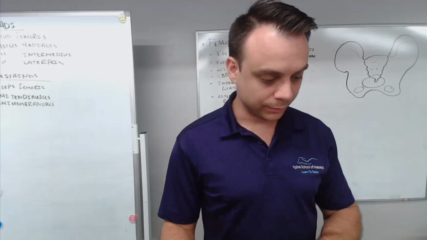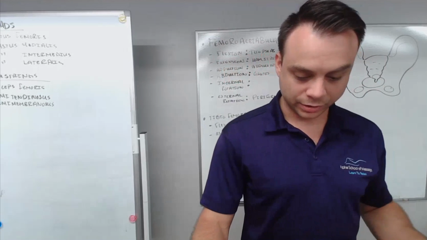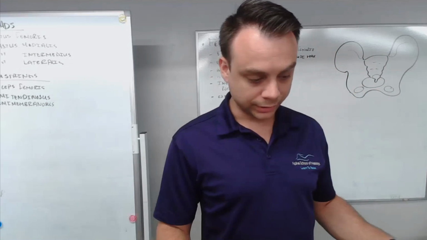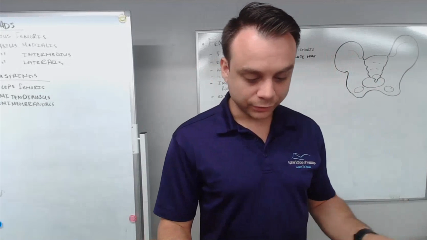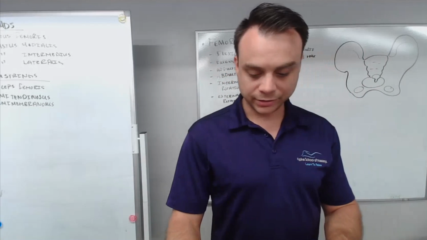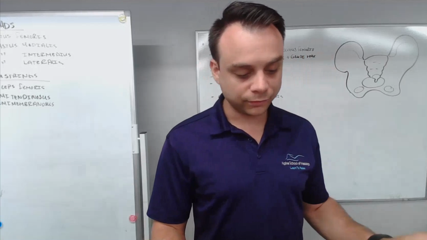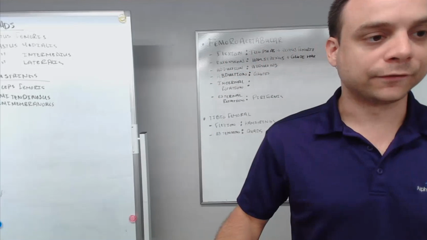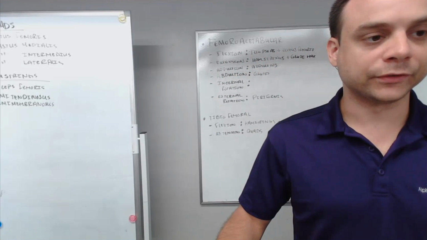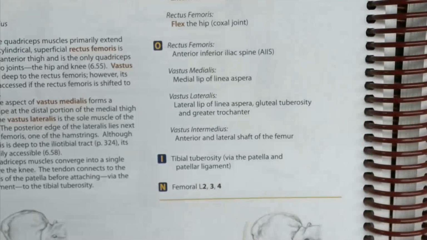Now, like I said, all of our muscles in this particular case come in groups. And luckily, these groups only have so few actions and just a couple little fun facts to really learn about them. So let's take a look at our first muscle group, the quads.